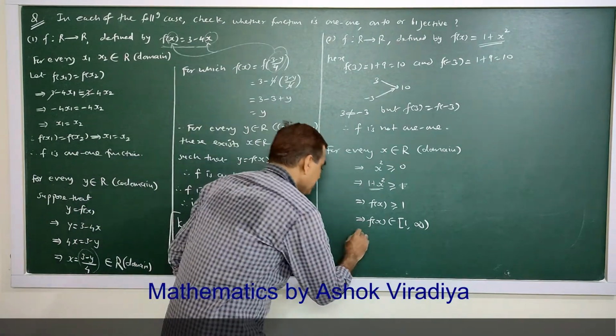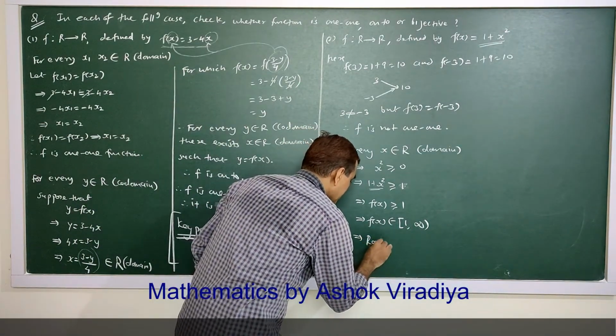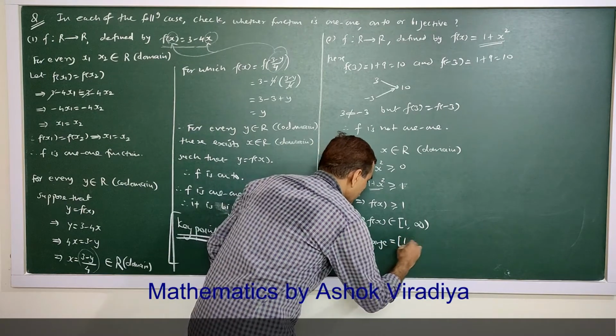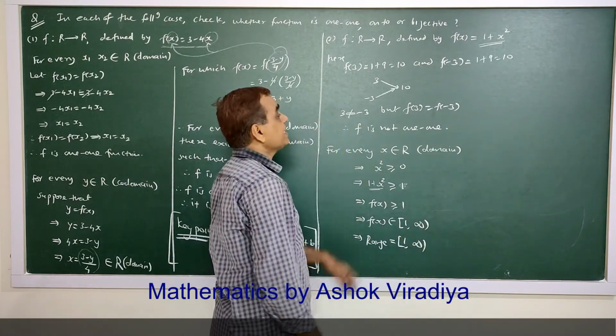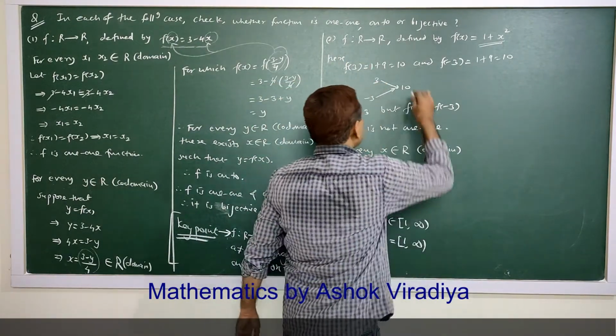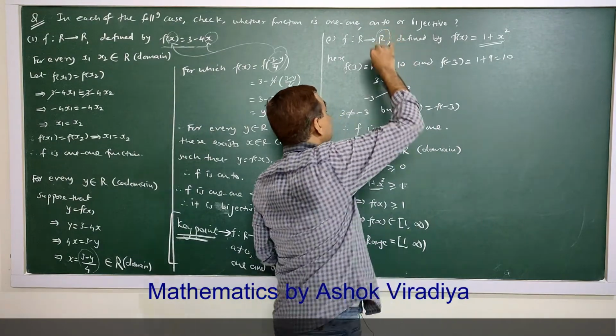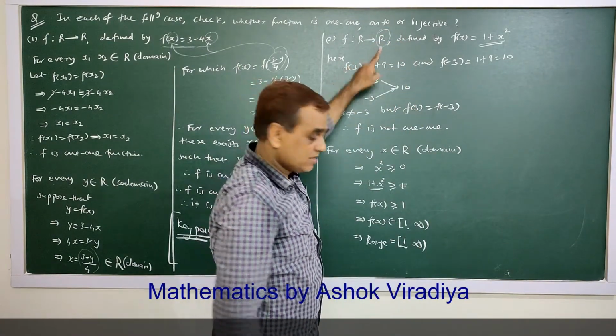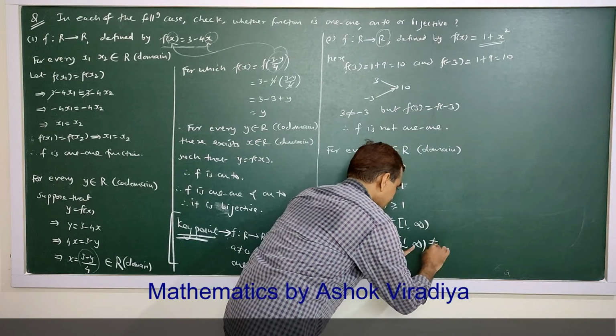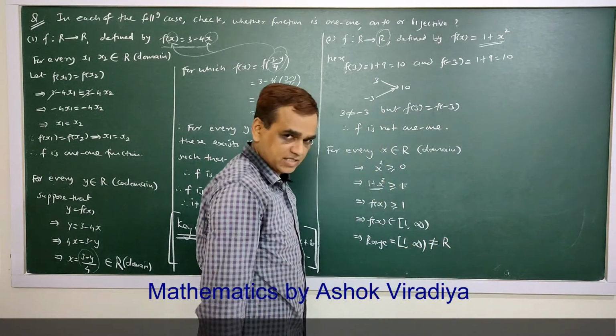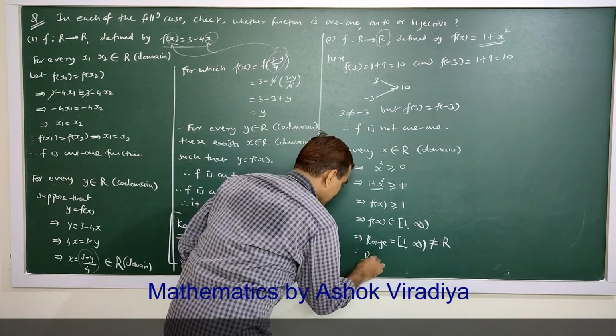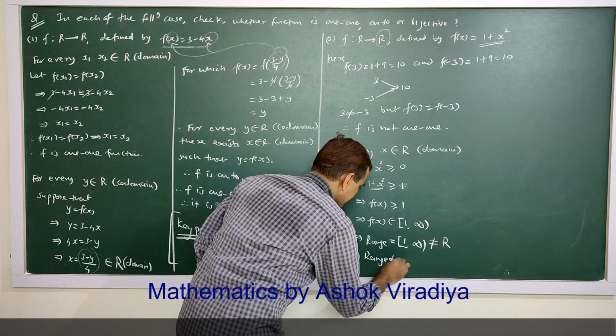So the range is equal to the closed interval 1 to infinity, and the range is not equal to the codomain. See, this is the codomain. The range is not equal to the codomain.